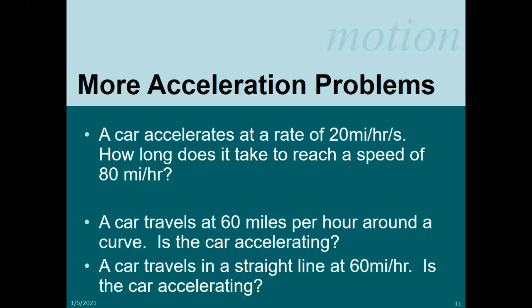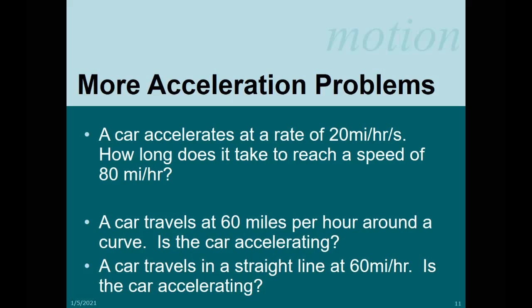Okay, welcome back. I hope you had some time to think about it and get through this. Let's go ahead and set it up and see how we do. So what we have here, 20 miles per hour per second, distance per time. This is actually a unit of acceleration.